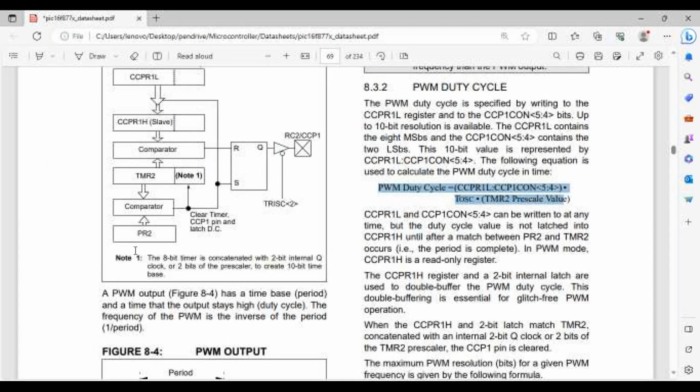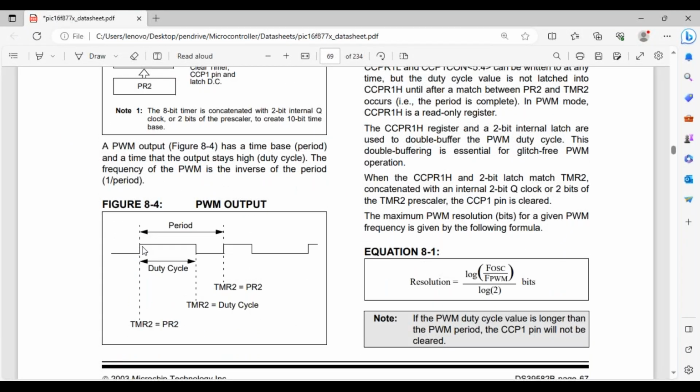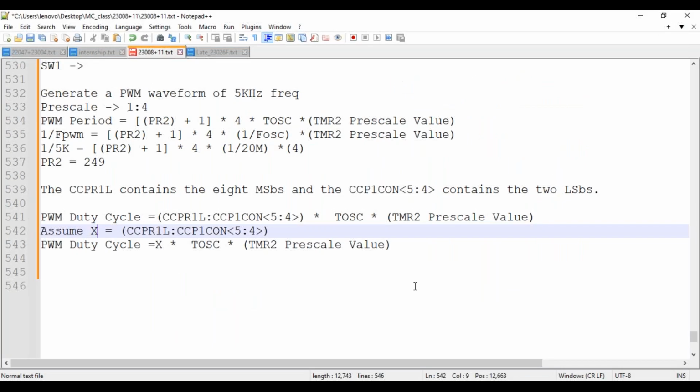Now, according to the representation here, you know that duty cycle is nothing but the on period of the pulse. I'm trying to simplify this formula a little.